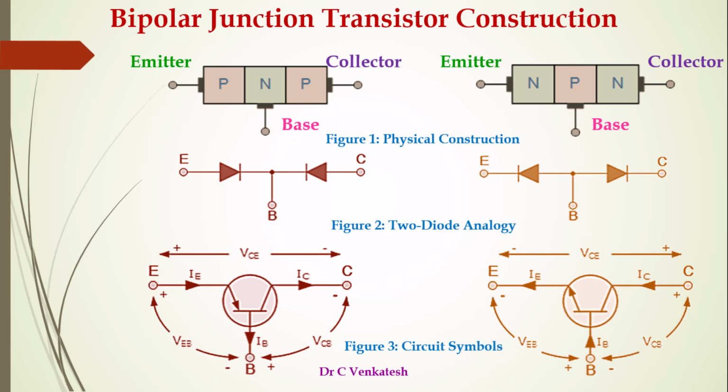The direction of the arrow always points from the positive P-type region to the negative N-type region for both transistor types, exactly the same as for the standard diode symbol.